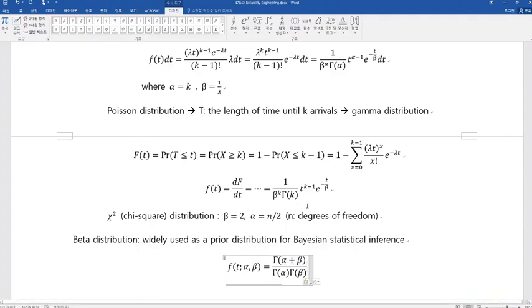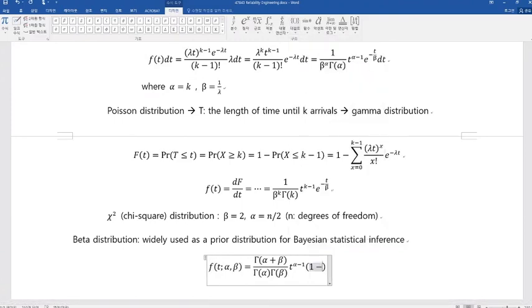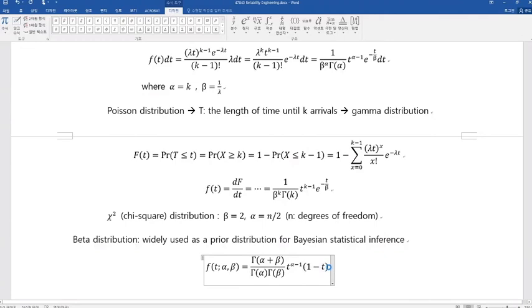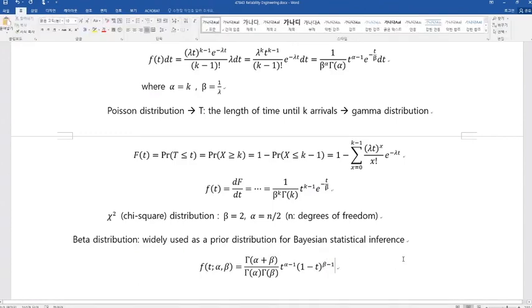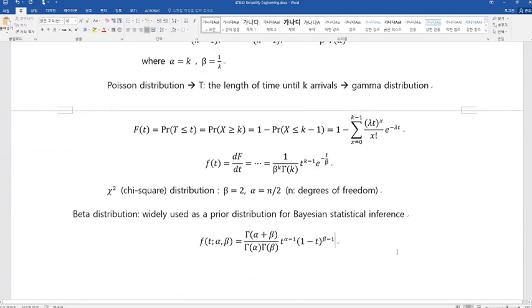And then t to the alpha minus 1, 1 minus t to the beta minus 1. So this is the basic form of a beta distribution.